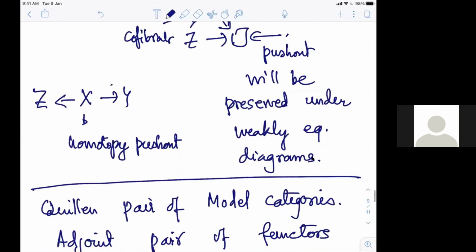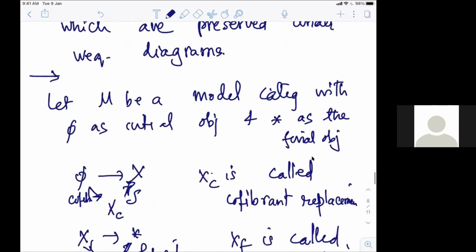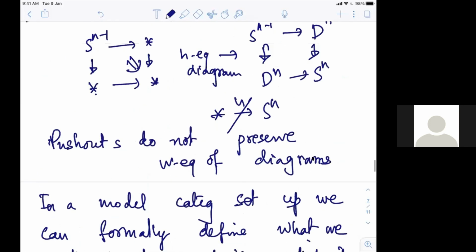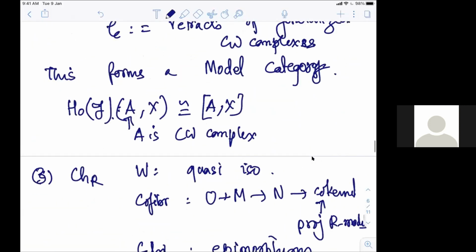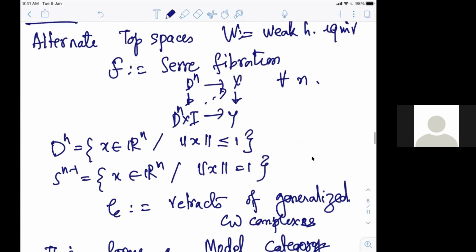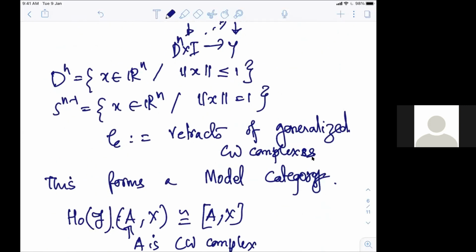In that one? Okay, so there the cofibrations, oh, did I forget to write them down? No, I wrote them. So they turn out to be retracts of some maps which are generalized CW complexes. People know retracts of spaces, but they may not have thought about retracts of functions. So you may have some maps like this, and these are retract maps by themselves, and then you have morphisms like this.